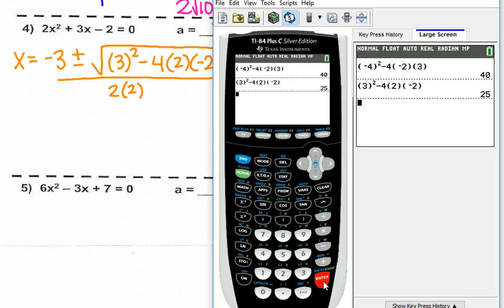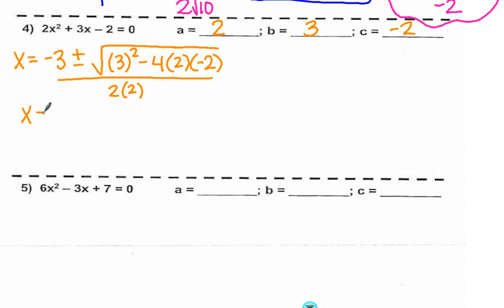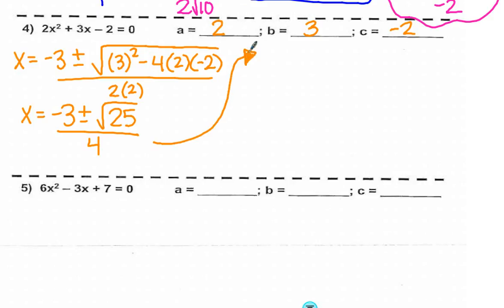And I get 25. So now I'm left with x is equal to negative 3 plus or minus the square root of 25 divided by 4. And is 25 a perfect square? Yes, it is. So x is equal to negative 3 plus or minus 5, right? The square root of 25 is 5, divided by 4.